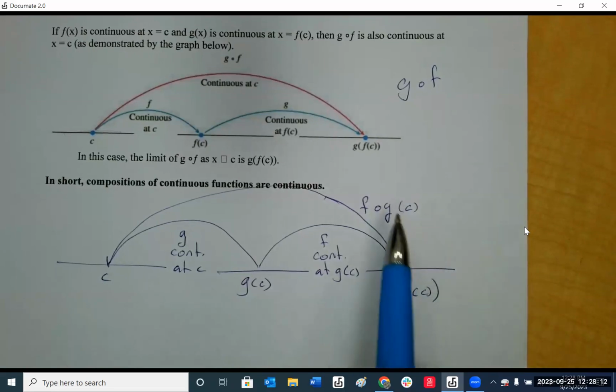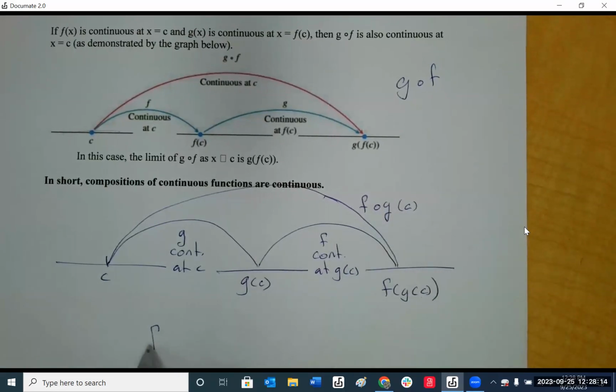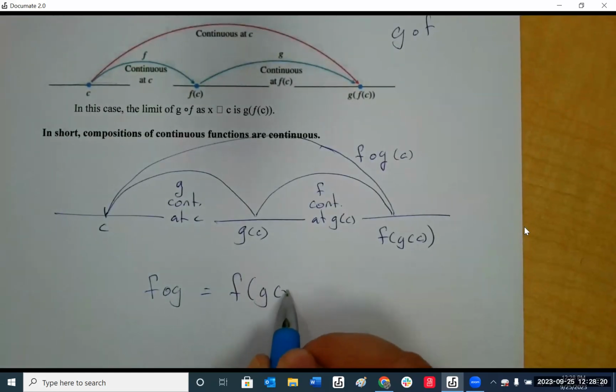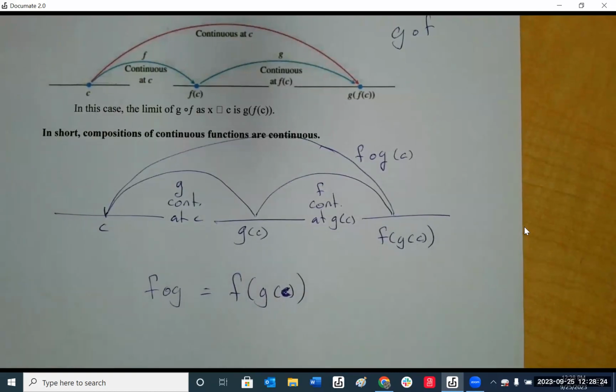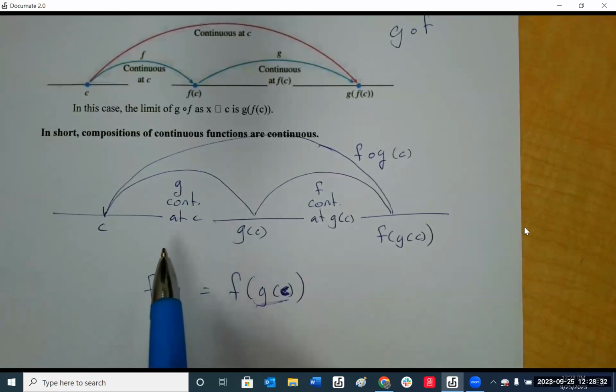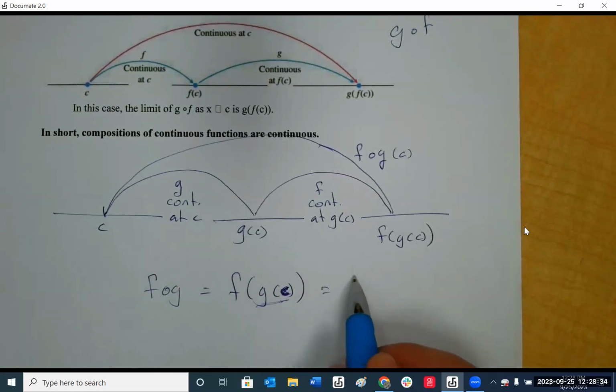So what is this telling us actually? Remember, f of g is actually f of g of x, of c. This is a continuous function. We first have to take the limit of the inside. Since it's continuous, it has to exist.